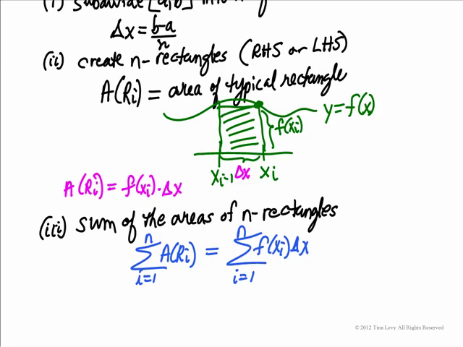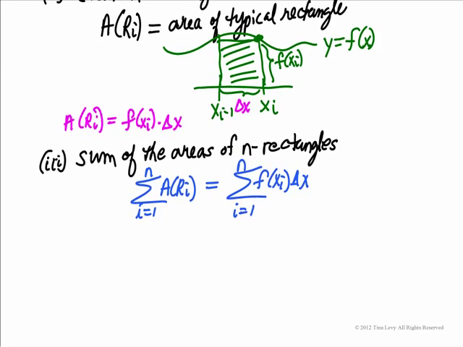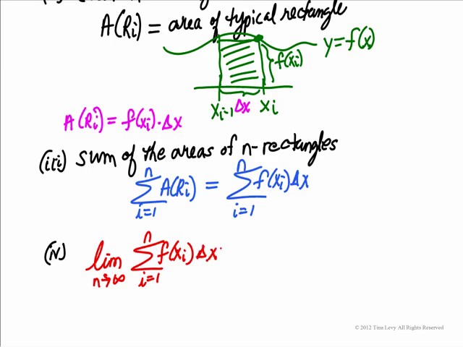But we just have the sum of n rectangles. That's not the area under the curve. So our final result is we will take the limit as n approaches infinity of the sum as i goes from 1 to n of f of x sub i delta x.